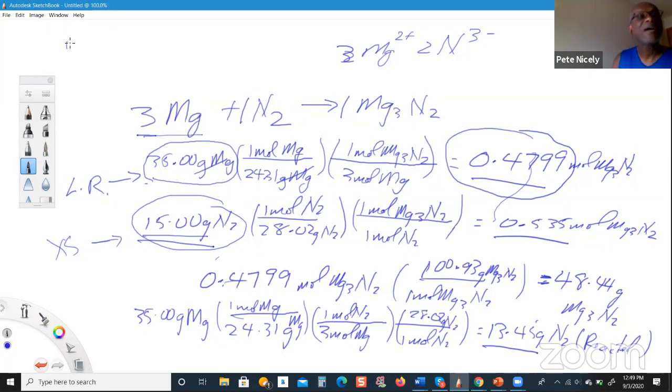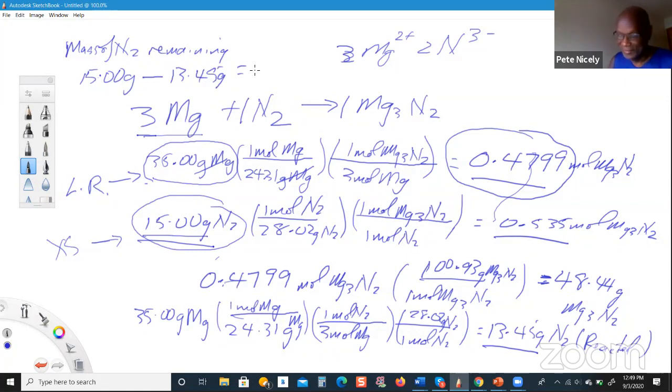So mass of N2 remaining will be equal to the 15.00 grams that you start off with. And you're going to subtract from that 13.45 grams. And let me see what my calculator says.